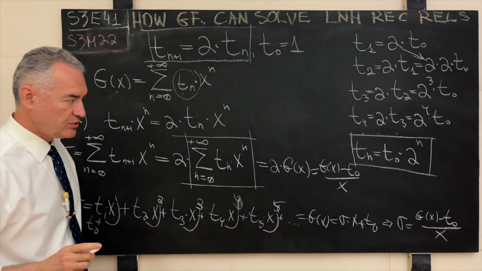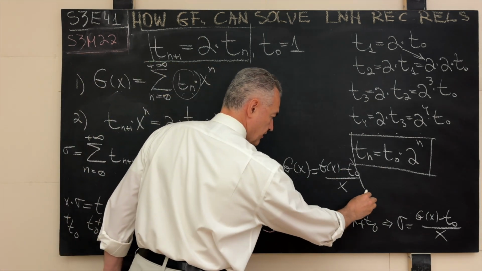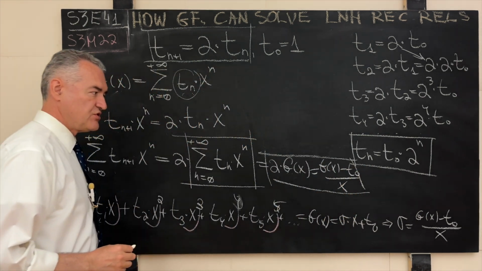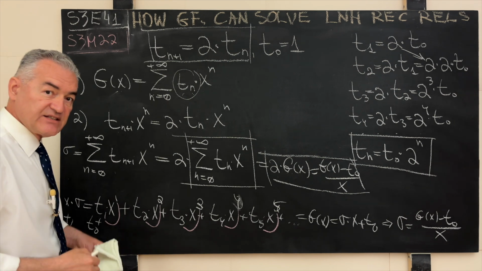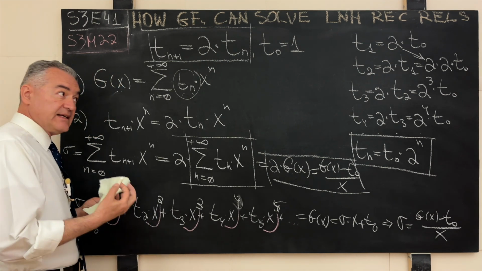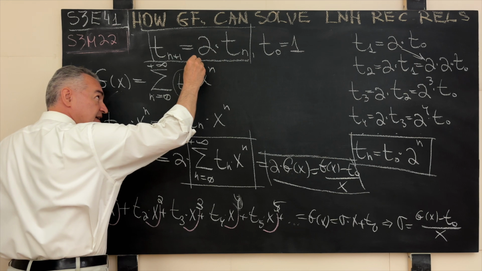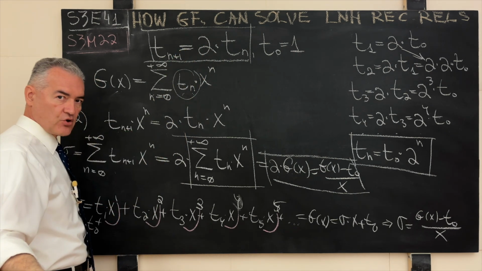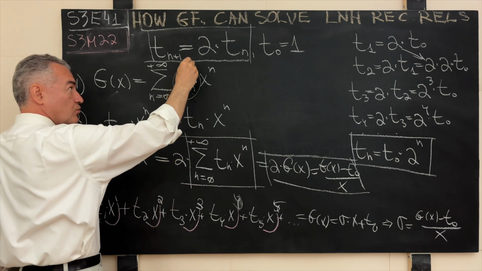You see, it is important to understand that this equation over here, that is linear in the generating function g of x, is a byproduct of the DNA information that is baked precisely into this specific recurrence relation, not some other recurrence relation, but this one specifically.